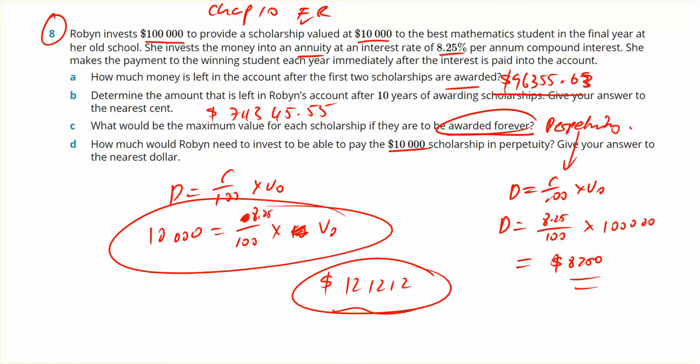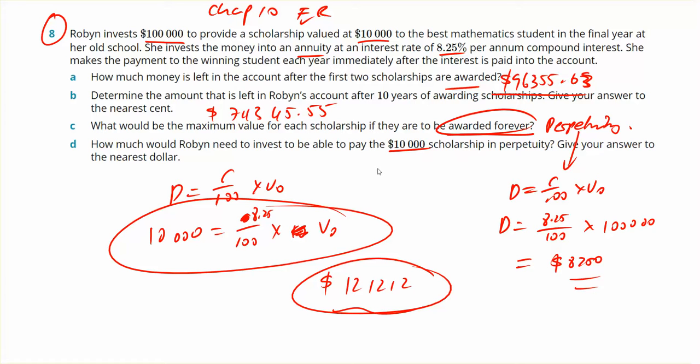If she invests $121,212, then Robin's fund can afford to dish out a scholarship of $10,000 per year.